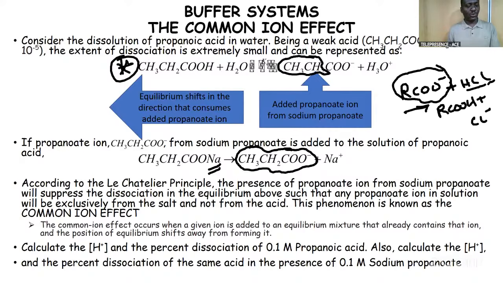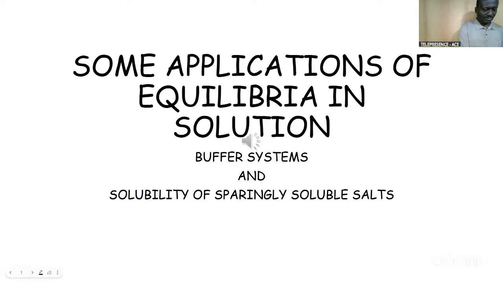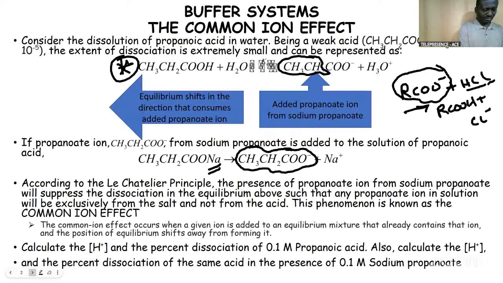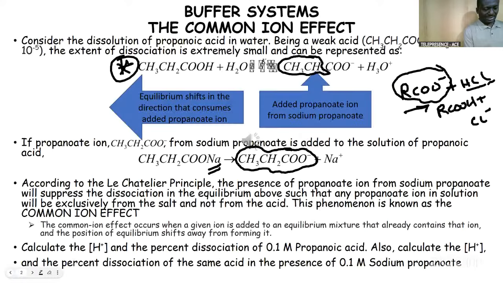Now, let's quickly go through that together and see what we are going to get. So what are the things we have? We have 0.1 molar propanoic acid and 0.1 molar sodium propanoate.